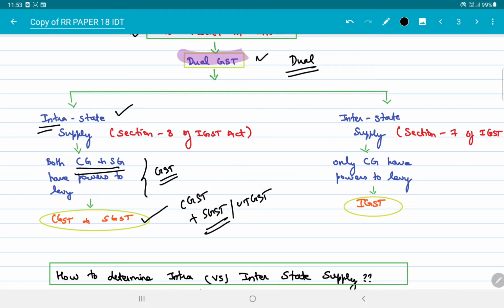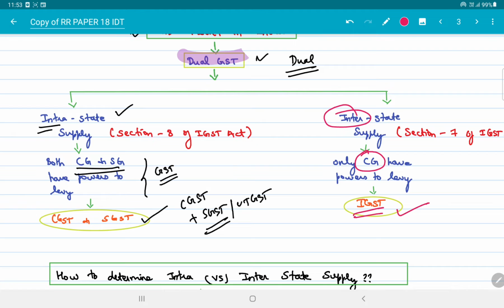If it is an interstate supply, then only the central government has a power to levy GST and only IGST will be collected.